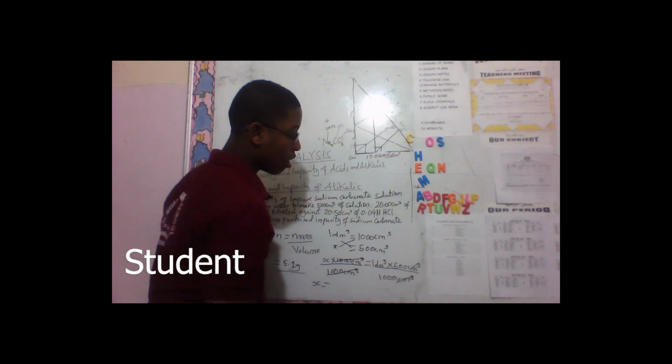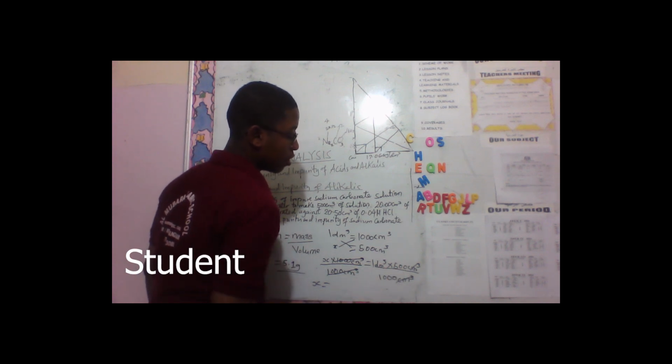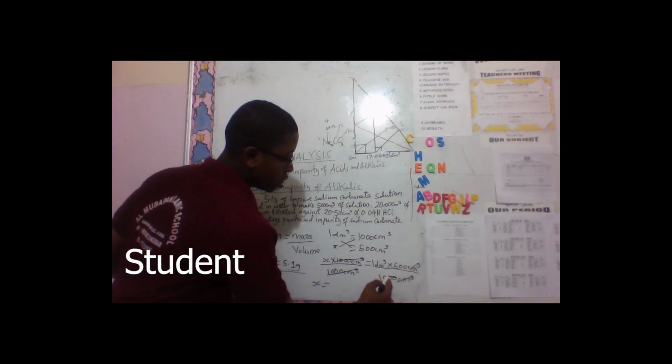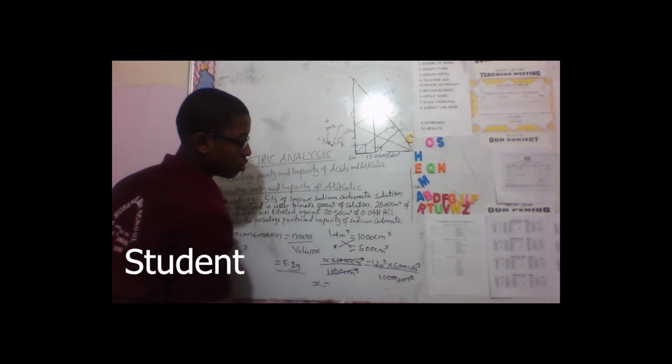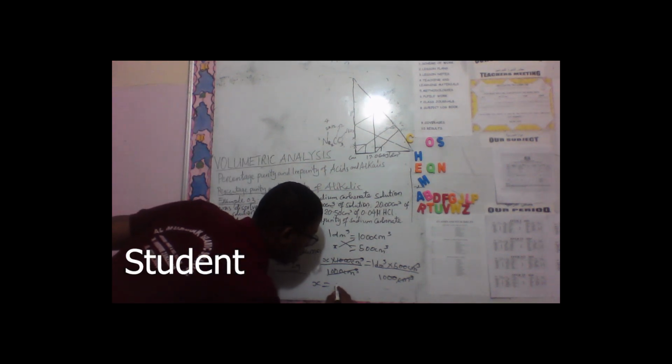We remain with x equal to 1 decimeter cubed times 500 over 1,000. Cancelling two zeros makes it easy. So what is our answer? 0.5 decimeter cubed. So this is our volume in decimeter cubed.